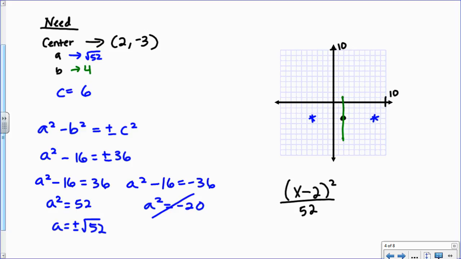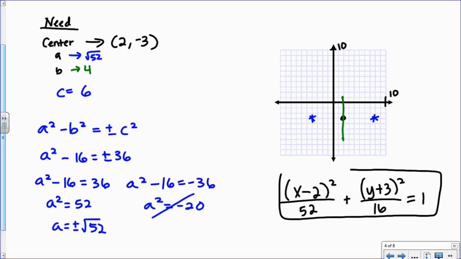So that's just 52. A is the square root of 52, so A squared is 52. Plus, Alyssa, what will I want to write with y? Plus 3 squared over 16, B squared, over 4 equals 1. Good. Don't forget the equals 1 part. It's an equation, so it has to have an equal sign. It has to be equal to something.